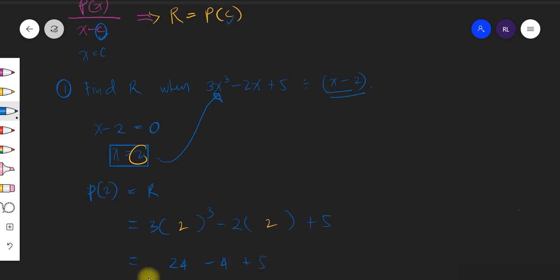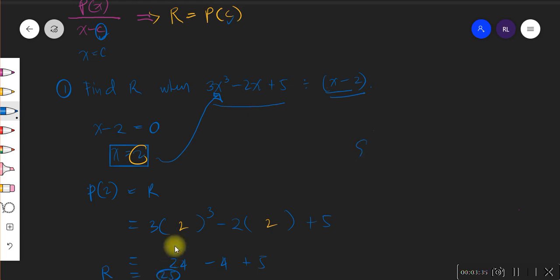Basically this is just 25. Therefore, 25 is our remainder. If we divide this by x minus 2, the remainder is 25, without long division, without synthetic division.